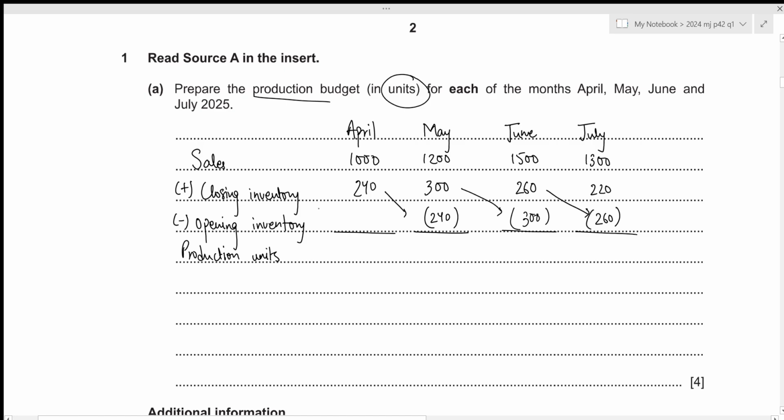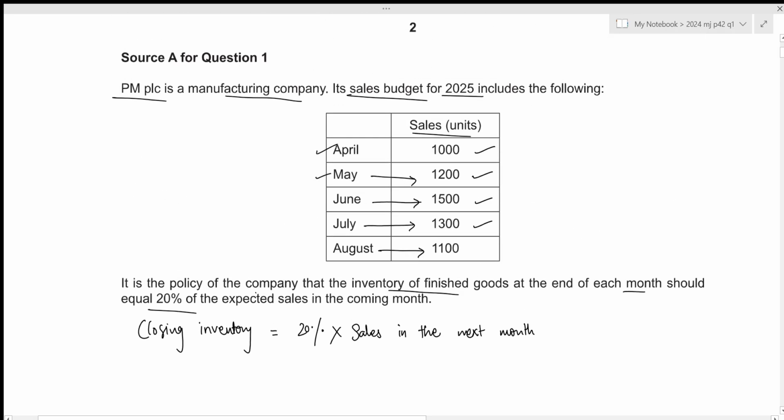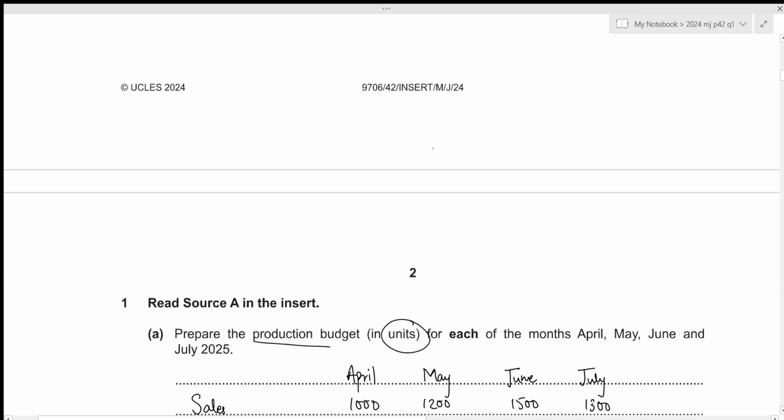Then for the month of April, the opening inventory will be equivalent to the closing inventory for the month prior to April. So that will be the closing inventory for the month of March. Now, since we need to calculate the closing inventory for the month of March, that will be equivalent to 20% of the sales in the month of April. So 20% times 1000, which results in 200. Let's write it down.